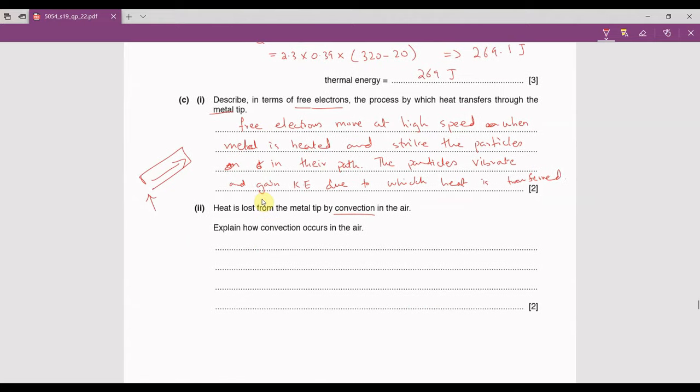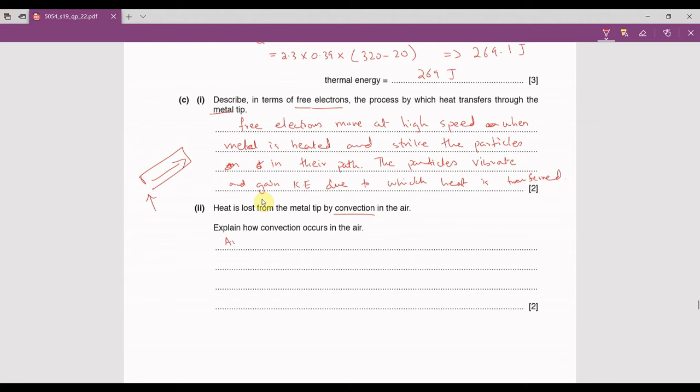The surrounding air obviously is going to get heated, and that heated air expands and its density decreases, and when the density of air decreases, it rises. So that's what is happening here. So hot air rises and then cold air comes down, and there are convection currents forming due to which the heat is moving away from the metal.